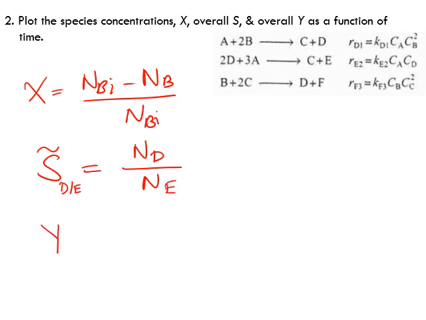And then we have Y tilde, that is for D: how much Nd is formed divided by how much B is consumed, that is Nbi minus Nb. This gives you how much B is consumed and went to the right product, which is D.